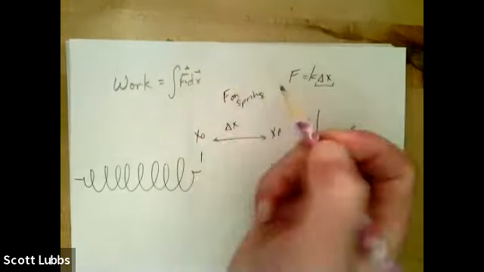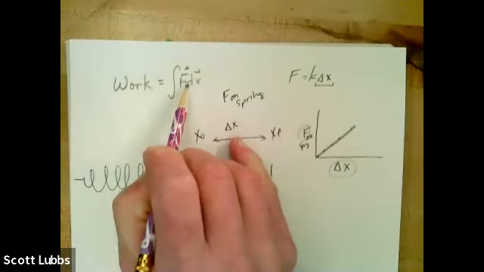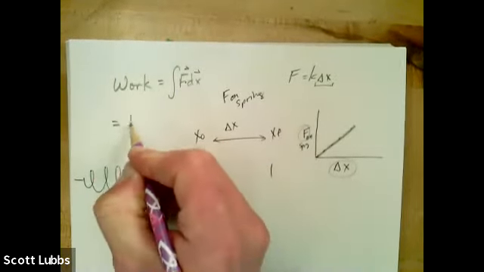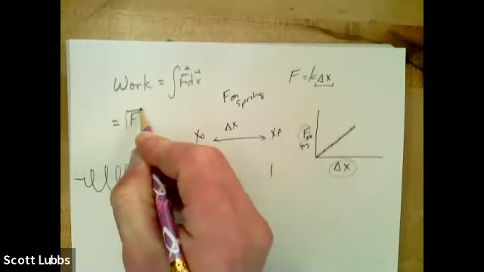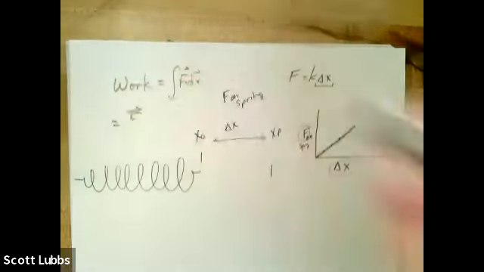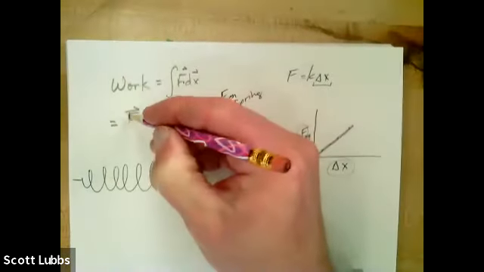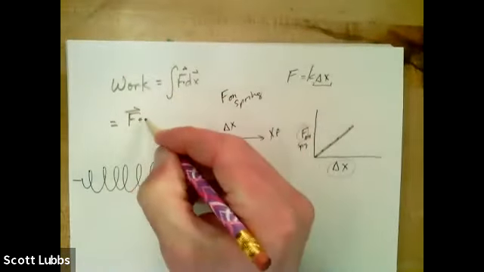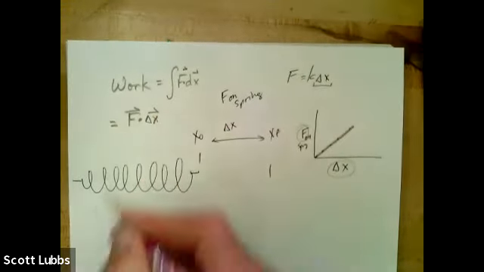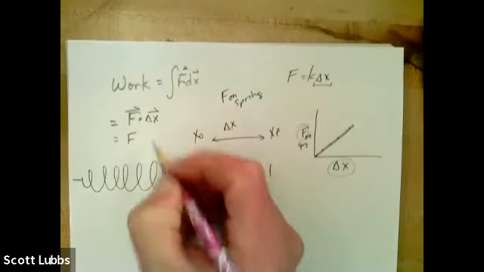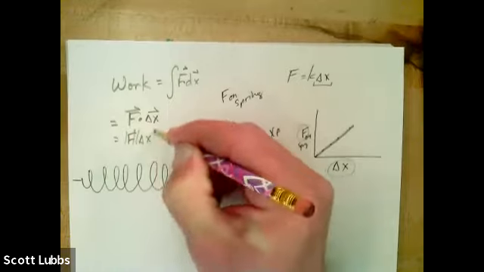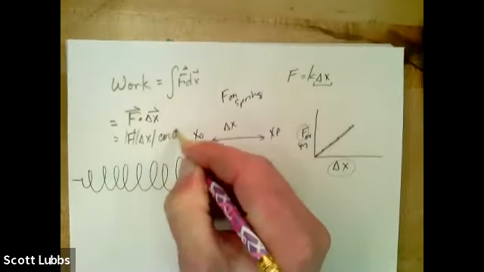I'm going to leave that there because I'm going to come back to it. Because we really look at it as the magnitude, it's F dot delta X, the dot product, which turns into the magnitude of F times the magnitude of delta X times the cosine of the angle between them.